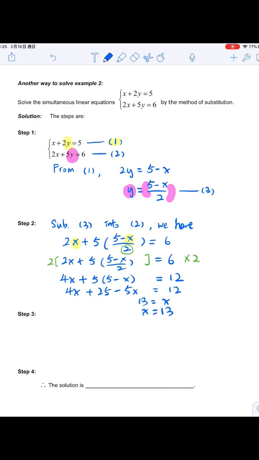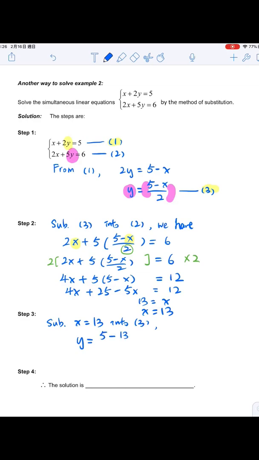After we find the value of x, we can substitute it into equation 3. So we substitute x equals 13 into equation 3.